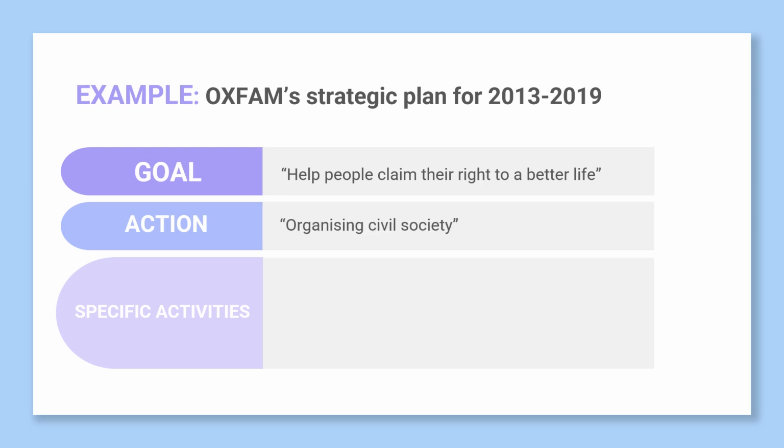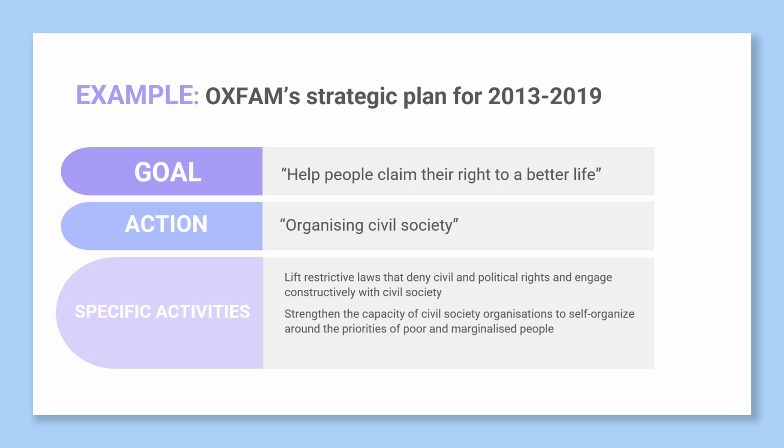Their first goal, help people claim their right to a better life, has a headline action, Organising Civil Society, which is further elaborated to organize to persuade governments to lift restrictive laws that deny civil and political rights and to engage constructively with civil society, strengthen the capacity of civil society organizations to self-organize around the priorities of poor and marginalized people, in particular women and youth, in both rural and urban settings.